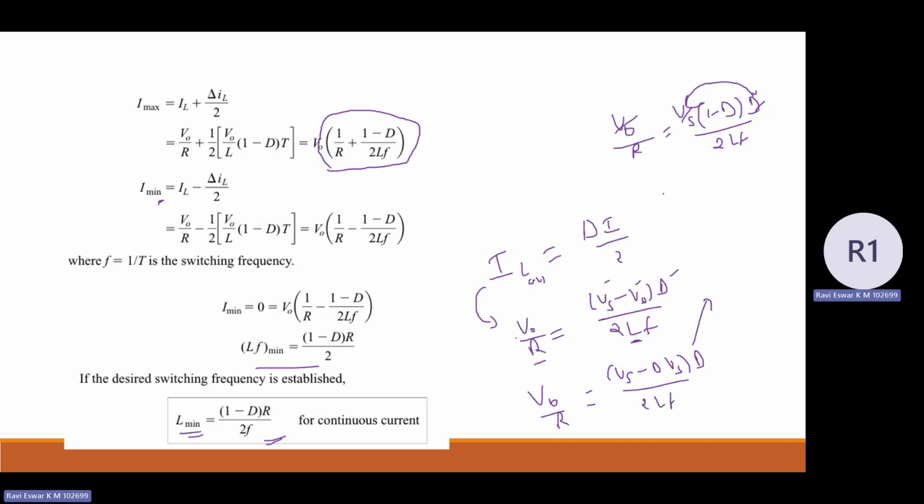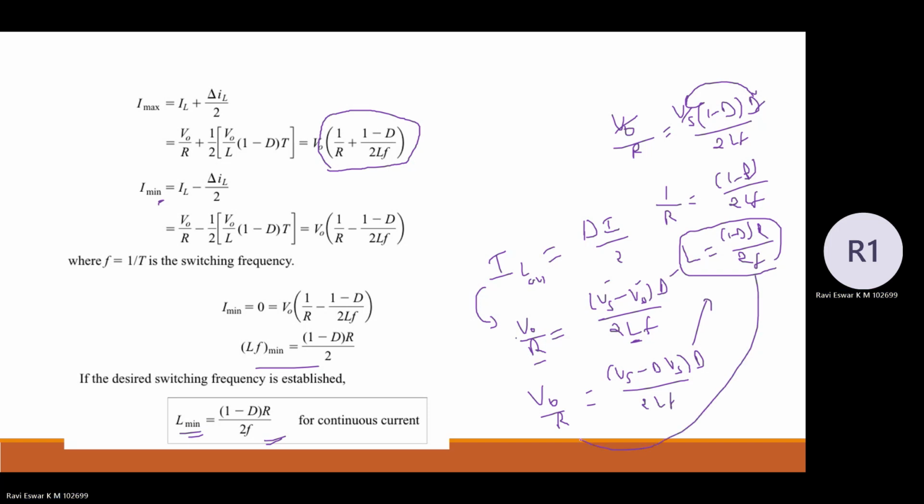So I can write 1 by R equal to (1 minus D) by 2LF. From this I can write L as (1 minus D) into R divided by 2F. The same thing is mentioned here: L equal to (1 minus D) into R divided by 2F. So this is how you can calculate the critical inductance value.